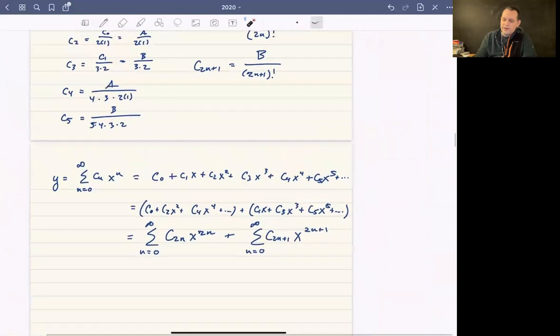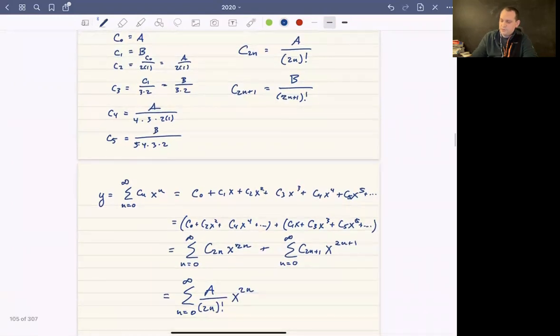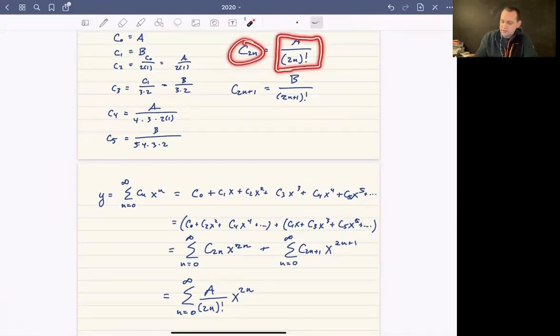Now, we're ready to go back and plug in what we had for our expressions for the even and odd terms of our power series, okay, for the sequence. So c sub 2n, the even terms, turns out to be the sum from 0 to infinity of a over the quantity 2n factorial x to the 2n. So our c sub 2n was this a over 2n factorial, and that's what goes here.